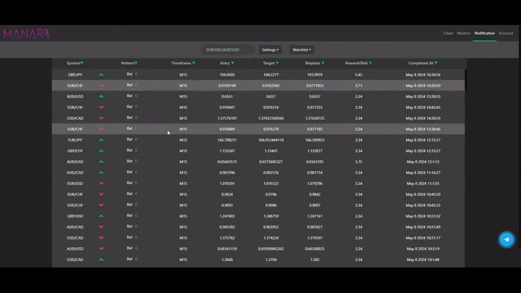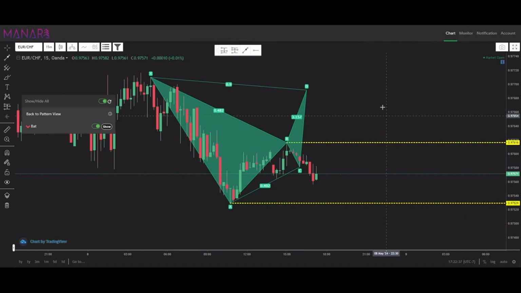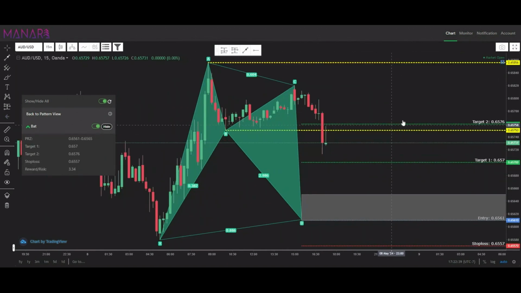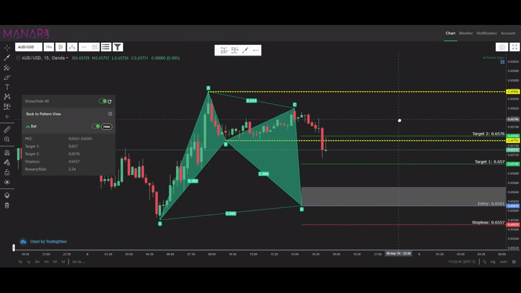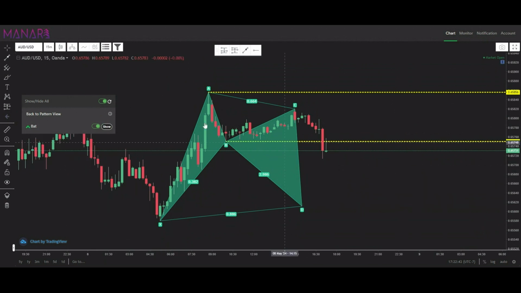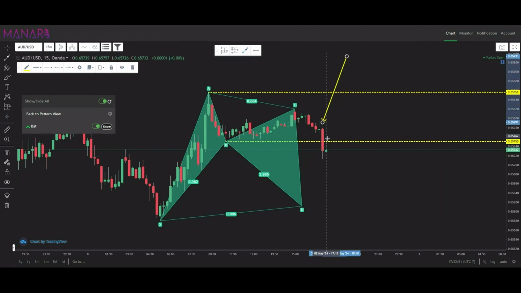Let's check for another notification. AUD, there we go. Here we have an entry. You see it? We have point A and we have point B. So this candle right here already closed below the B line, right?